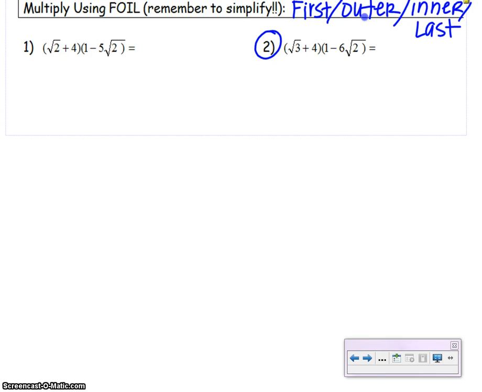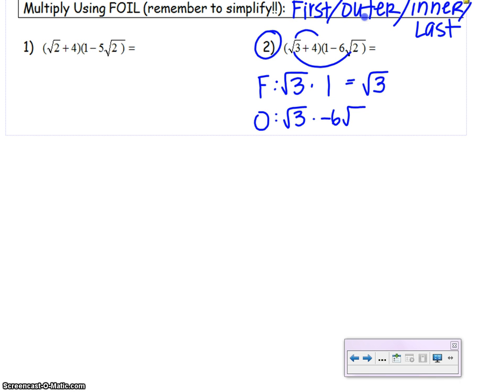All right, first we'll do the FOIL. So that means we're going to multiply the first terms together. So root 3 times 1, which will give us the square root of 3. The outer terms, which would be the square root of 3 times negative 6 root 2, which gives us negative 6 root 6.